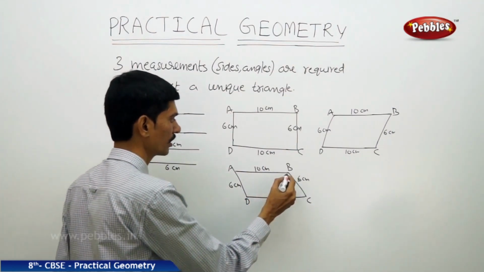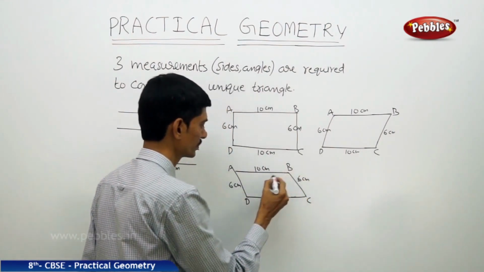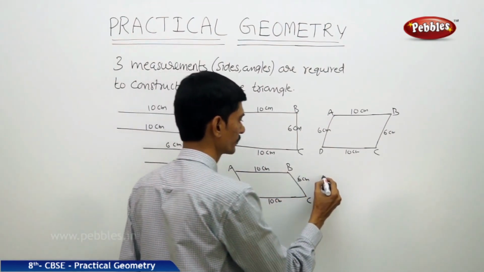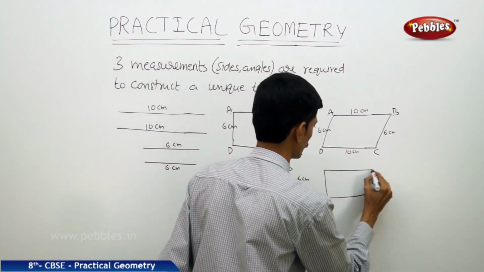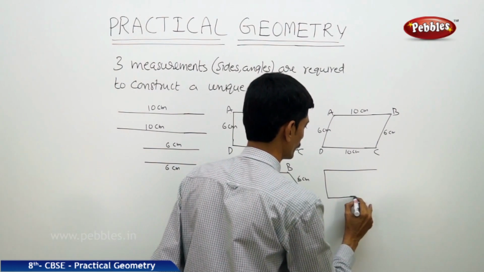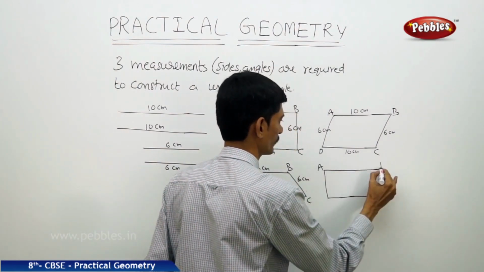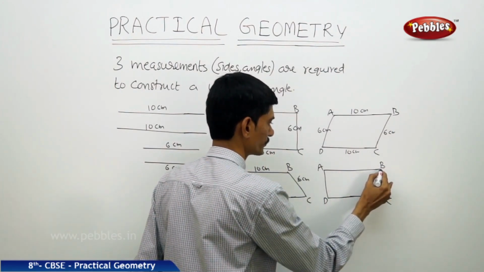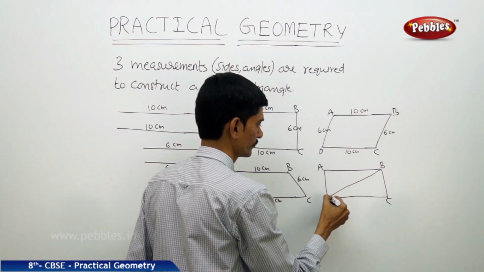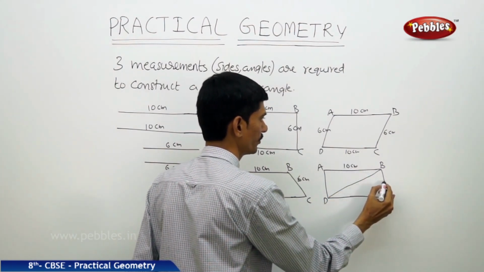Now let us take another stick by joining the vertices B and D. Now here the length of each side remains same.